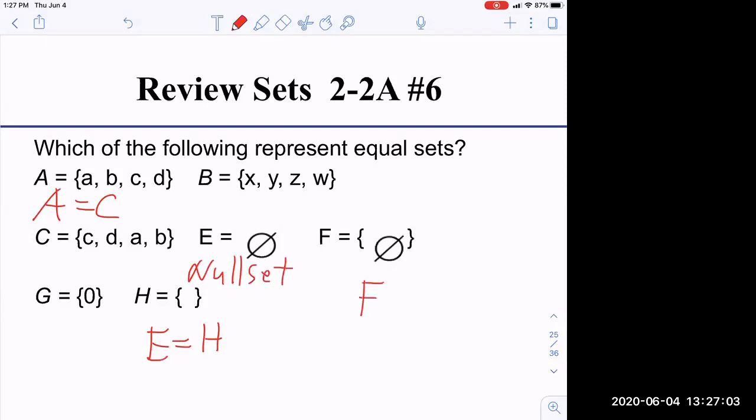But F is not equal to G because the null set isn't the number 0, but F is equivalent to G because they both contain one element. F is the set that contains the null set. So the cardinality of F is 1. It does contain something.